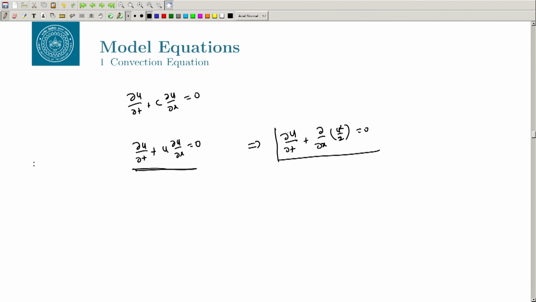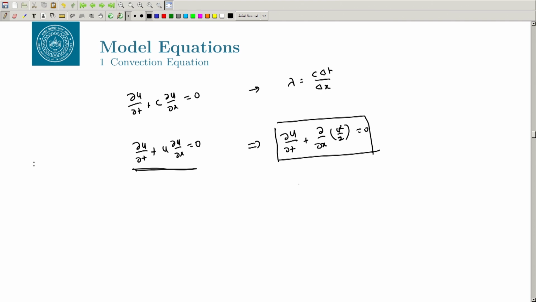Let us use the same approach that we had for the linear convection and try solving this equation. Of course, there will be one difficulty here in estimating your Courant number. Earlier the Courant number was C delta t by del x. When it is non-linear, your convection speed itself is unknown. That is also a part of the solution.